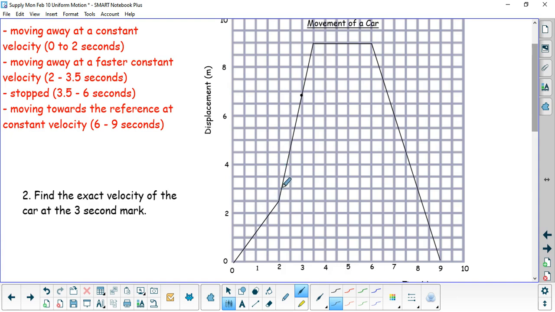So it doesn't matter where along this line I find the velocity, it's all the same. And how do I find the velocity on a displacement time graph? I find the slope, which means I need 2 points. And I'm actually not going to use this point because I'd have to estimate a lot, right? I don't know where exactly that point is. It's a bit of an estimation as to what displacement that might be.